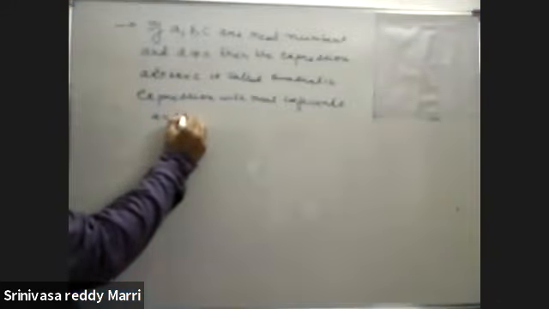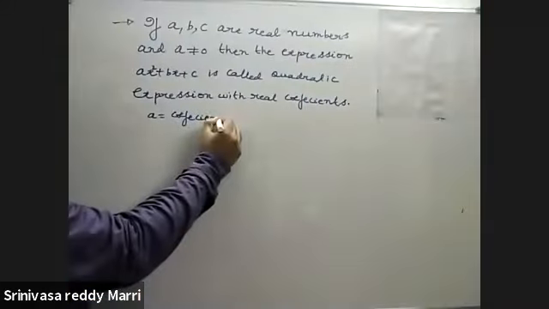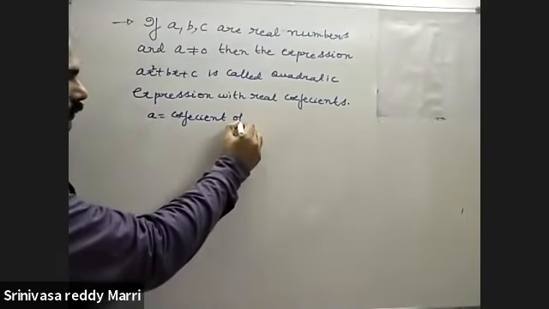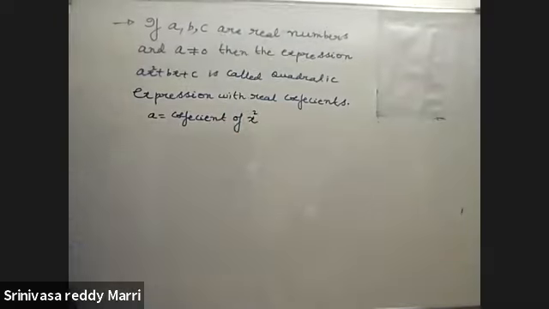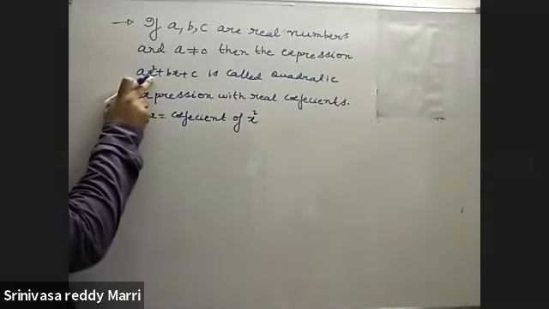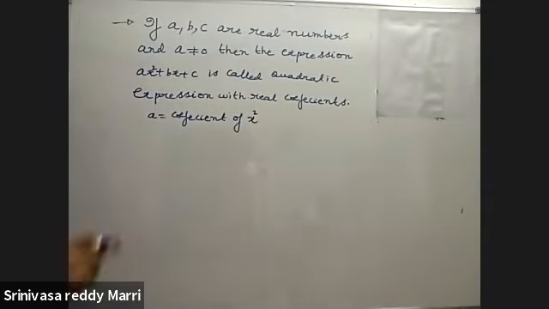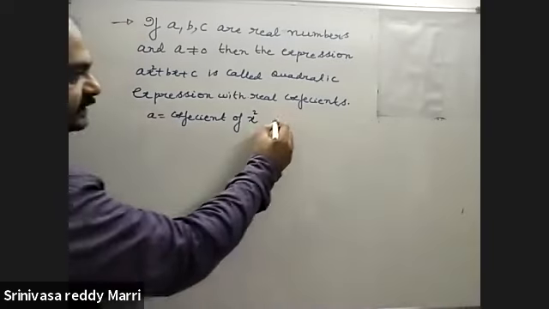A is called the coefficient of x square, the highest degree coefficient.